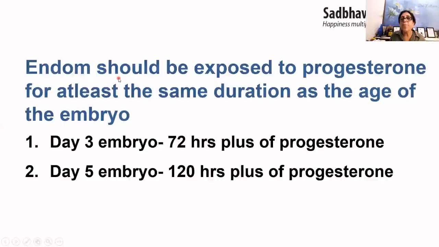So we can only time our embryo transfer if we know when progesterone is being secreted by the corpus luteum. For that, we have to identify the time of ovulation, and for timing the ovulation, we have to know when the LH surge starts. This is all in the context of knowing when we start getting progesterone in the blood.